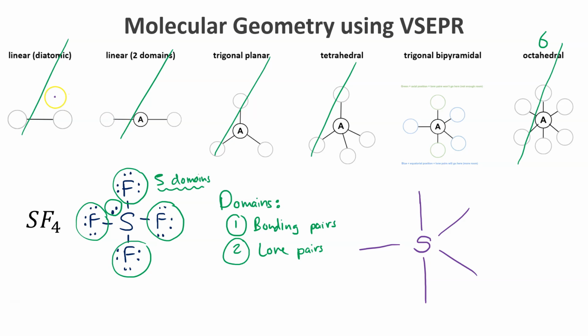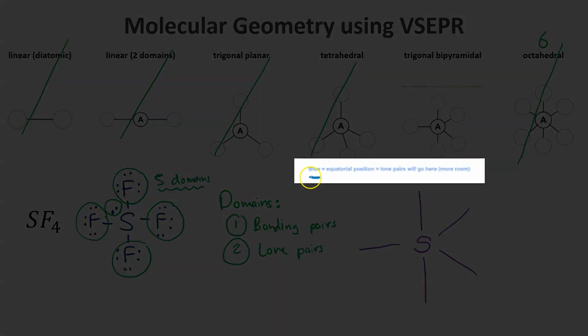Now, normally on any of these other different shape templates, it does not matter where you put the lone pair, but with this 5 domain shape, it is unique in that it matters which of these positions you put that lone pair. I have that outlined here in this text, although it's very small, so you probably can't see. But there's actually 2 different types of positions in this 5 domain shape.